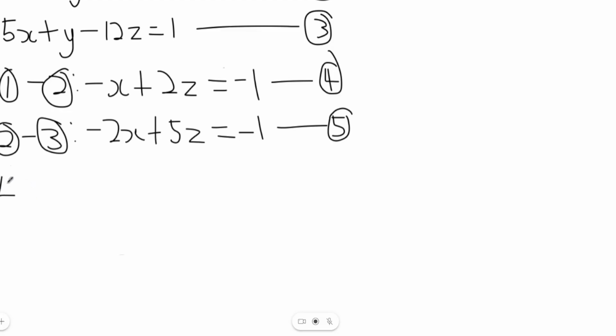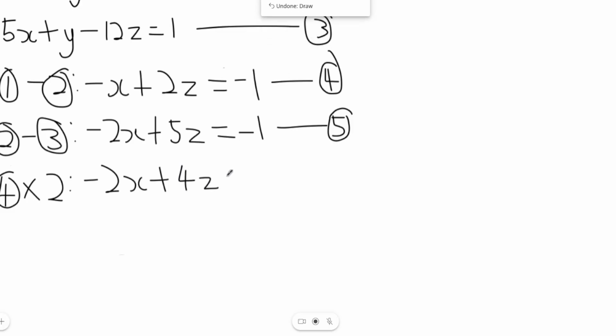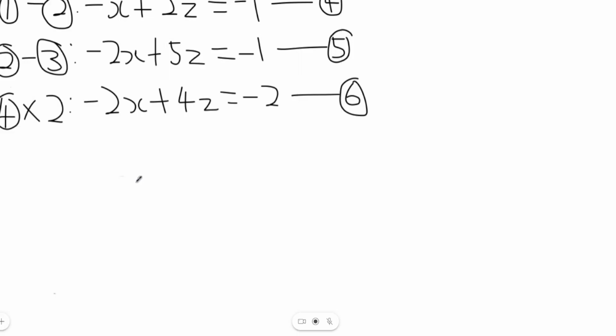So we write here 4 times 2. Negative 2x plus 4z equals negative 2. We label this as 6. And now that the x values are the same, we have to make it 0.